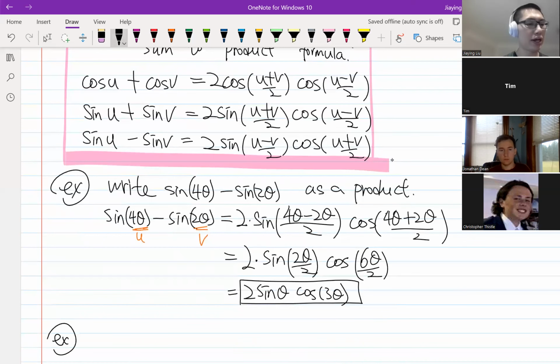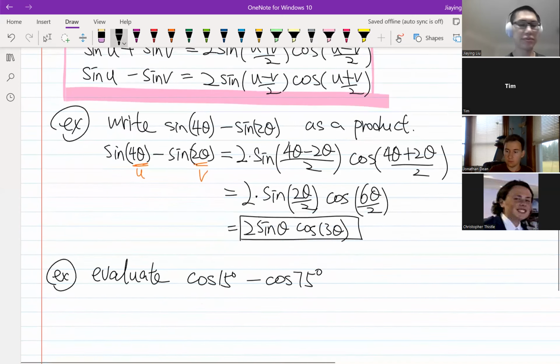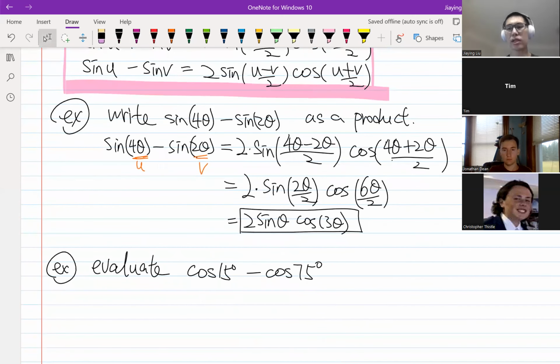So the next example I have is evaluate cosine 15 degrees minus cosine 75 degrees. Suppose we didn't know this formula at all. Suppose we just remember the sum of angles formula and the difference of angles formula from a while ago.